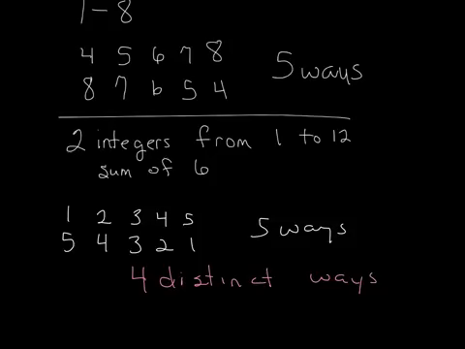Maybe you get a 4 and an 8, or maybe you get an 8 and a 4. It's just random. So there's 4 ways if we have no replacement. 4 ways without replacement, or 4 distinct ways because we cannot repeat the 6s. You're not putting that 6 back in.